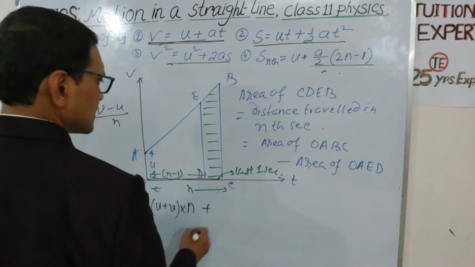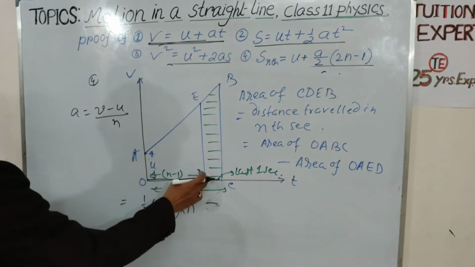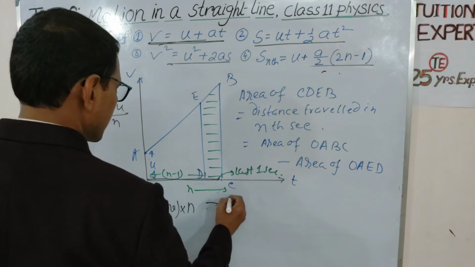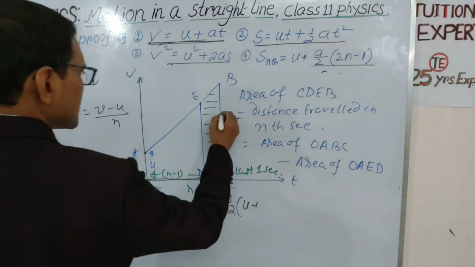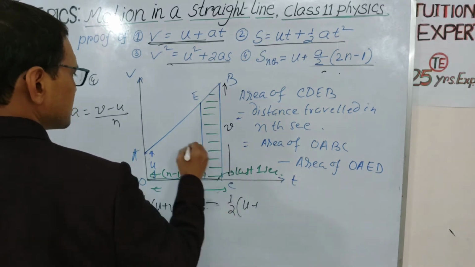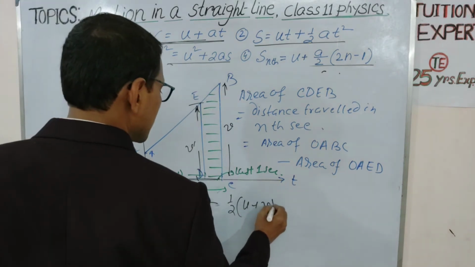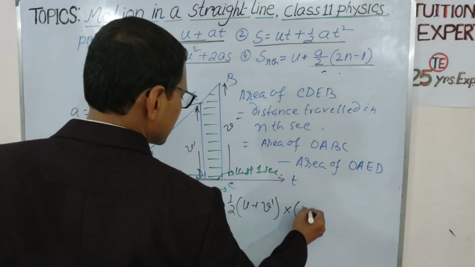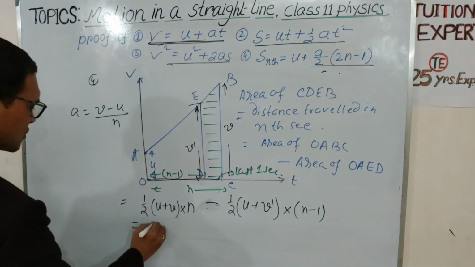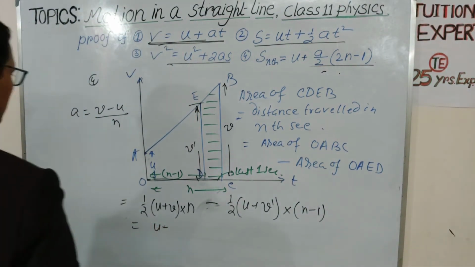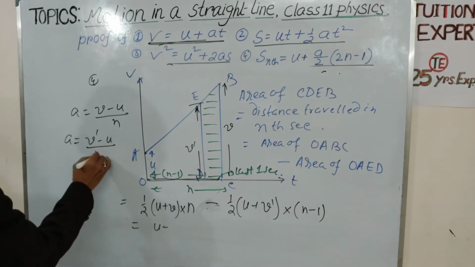Plus the area of OAED equals half u plus v dashed, suppose this is v dashed, into the time. Here the height is n minus 1. So here acceleration a equals v dash minus u by n minus 1.